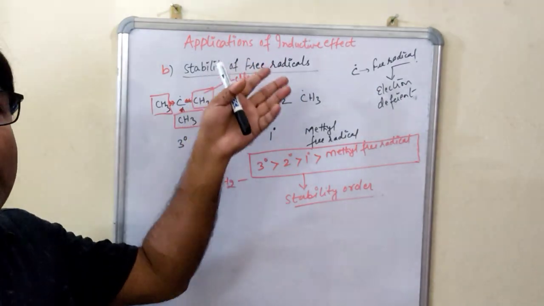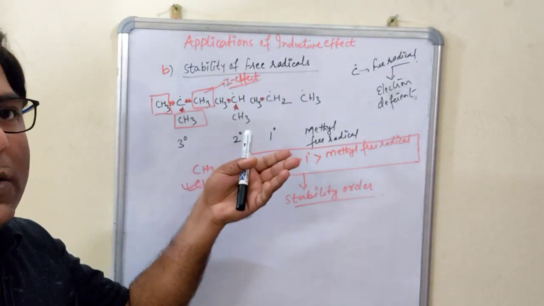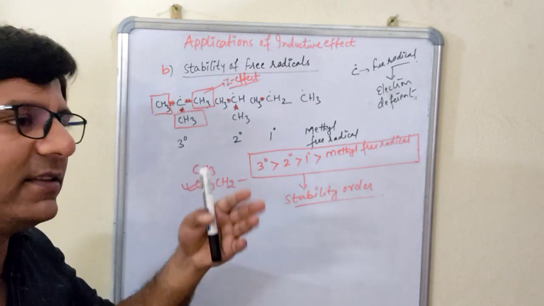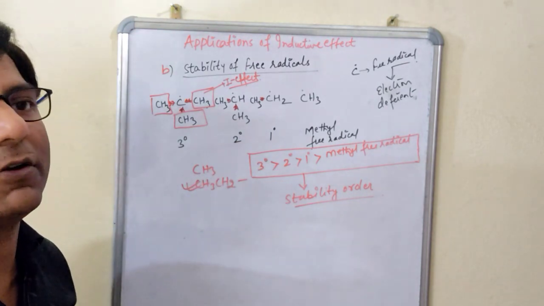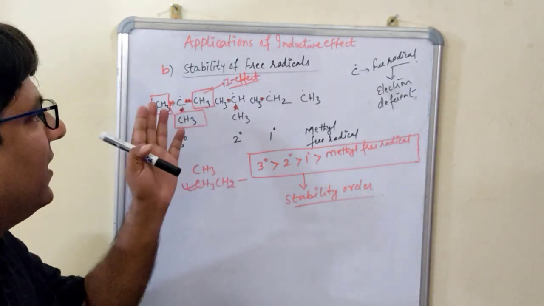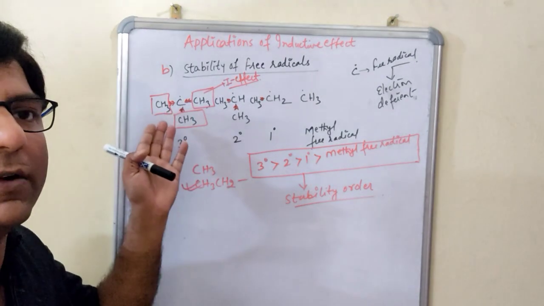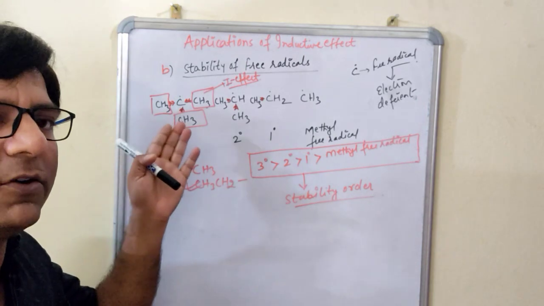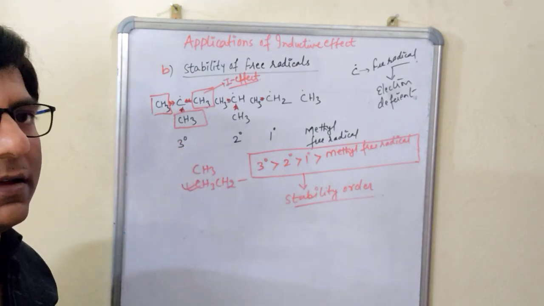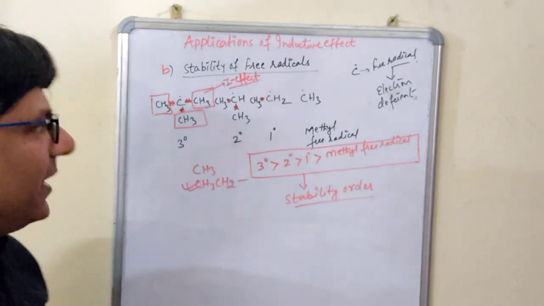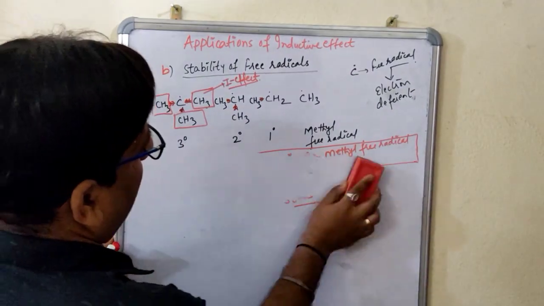These free radicals, carbocations, carbanions. Okay. So you have to check whether that particular free radical or the carbocation is electron deficient or electron rich. Based on that, what are the groups that are attached to that free radical? Whether that group is the plus I or is the minus I. Based on that. Clear? Now, let us see the third one.